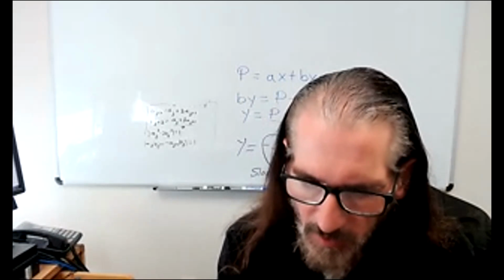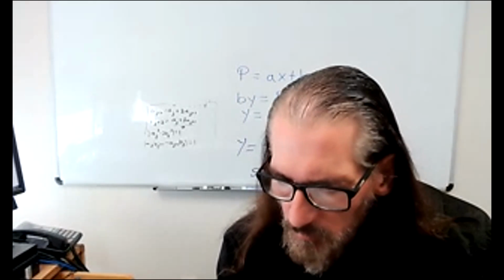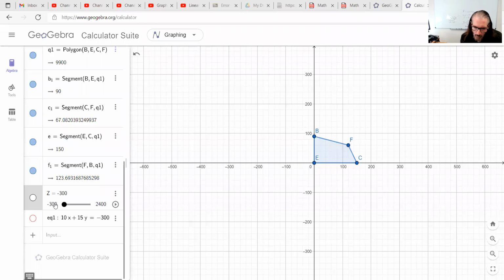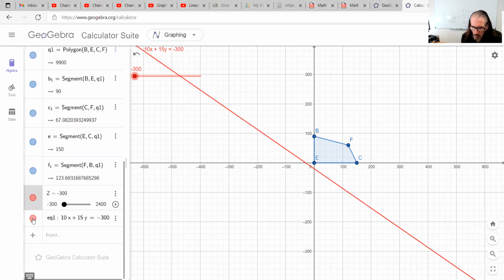So let's see that in action. Now I've chosen these values for my slider, my maximum and minimum, because I've already worked out the problem and I know it's somewhere in between where we're going to get the maximum. Notice down here, when P is negative 300, that it's not on the feasible region.